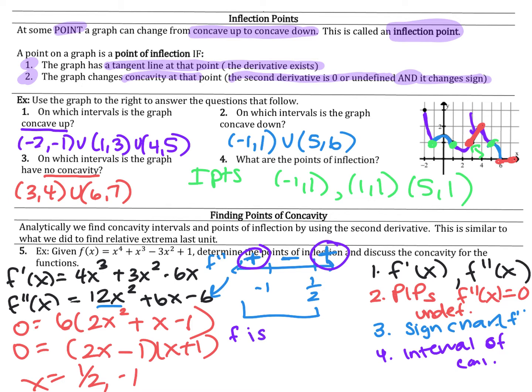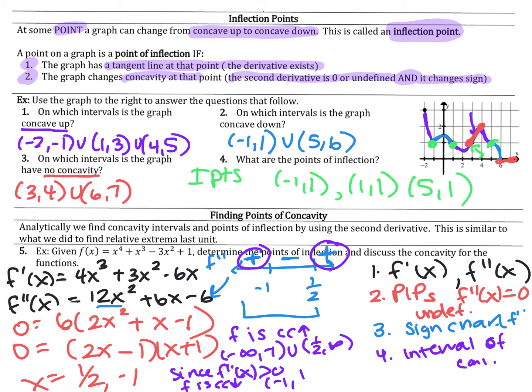So f is concave upward from negative infinity to -1, and from 1/2 to infinity, since f double prime of x is greater than 0. And f is concave downward from -1 to positive 1/2, since f double prime of x is less than 0.